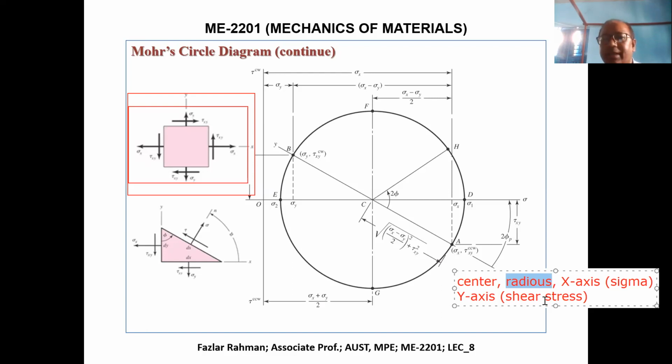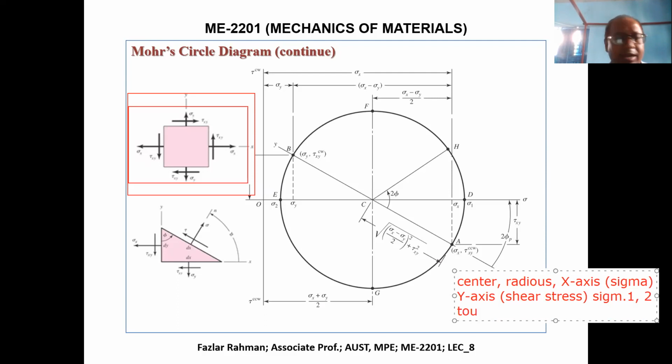And from that circle, we will figure out the values of sigma 1, sigma 2, then we will figure out tau 1, tau 2, and also phi p. Phi p means principal plane angle. Then we will figure out phi s. Everything we can figure out in a very simple way.